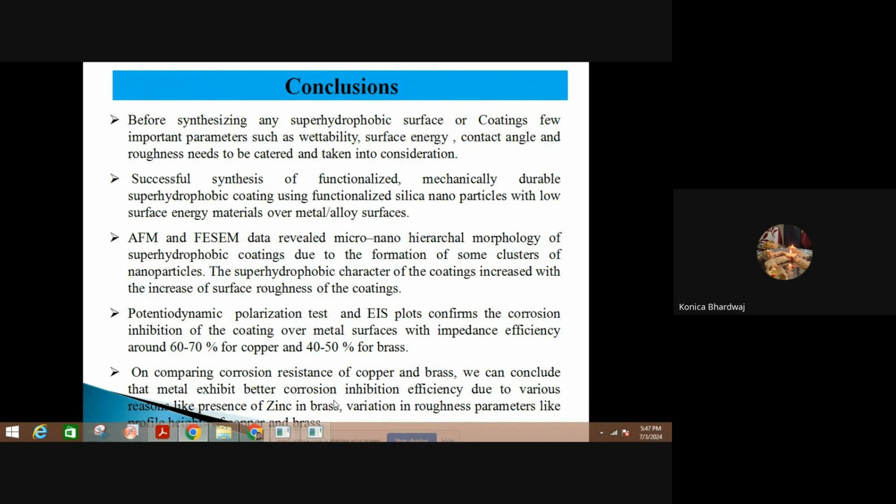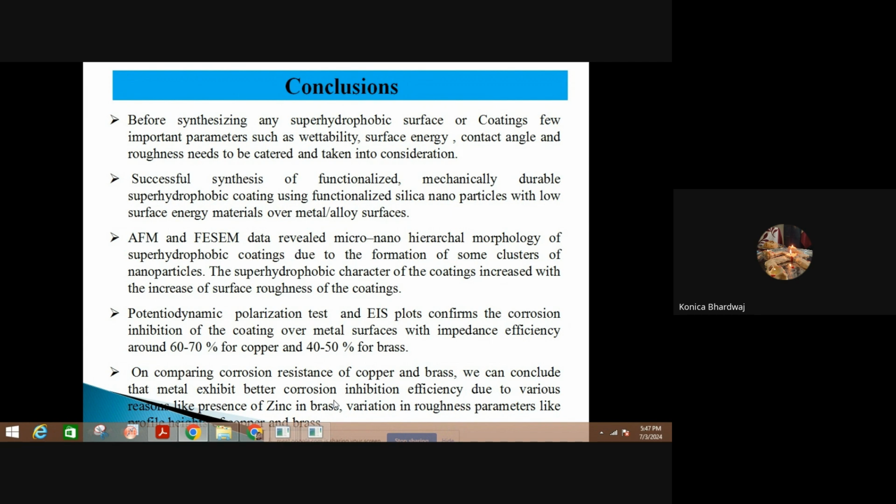But due to the presence of zinc and magnesium in the brass, there is some discrepancy in the roughness values, the sliding angle values, and the contact angle values of copper and brass.